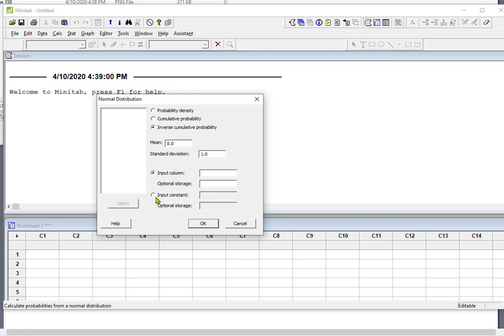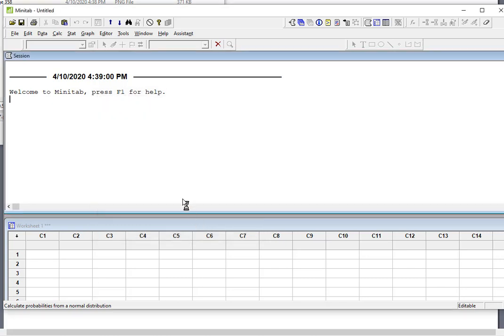Let's use an input constant. The area to the left is what your calculators and what Minitab use when they compute an inverse value. So we want z alpha by 2, where alpha by 2 is 0.01. That means 0.01 to the right, which of course would mean 0.99 to the left. And so let's put in 0.99 for our input constant, and that's all there is to it.